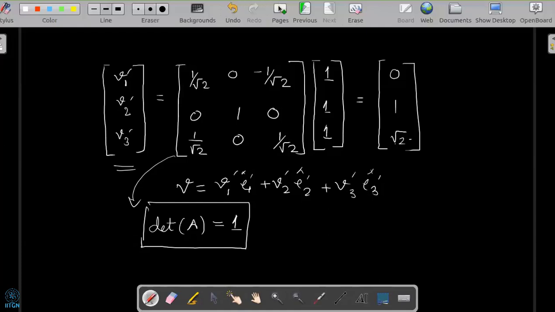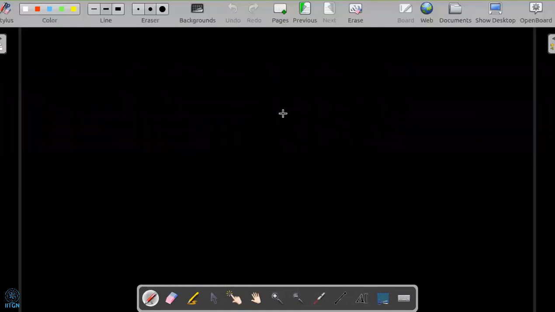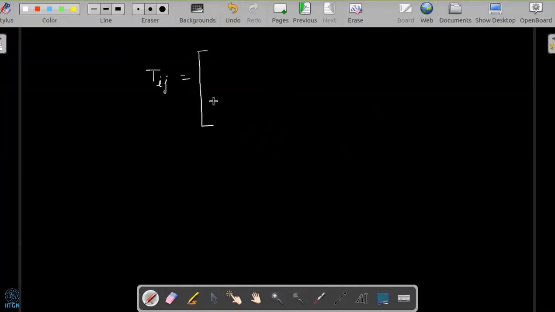Now let's consider the new set of axes, and we have to find the component of a tensor. The tensor is, let's say, 2, 6, 4, 0, 8, 0, 4, 2, 0.